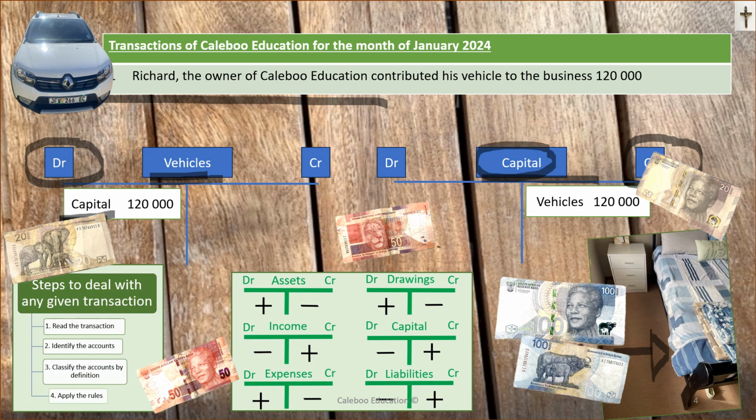And under capital, on the credit side, in the details column will appear vehicles, the name of the contra account to capital, the other account. So under details, a cross-reference is formed between these two accounts by filling in the contra account, and there's a cross-reference. Right, so that's the first transaction.